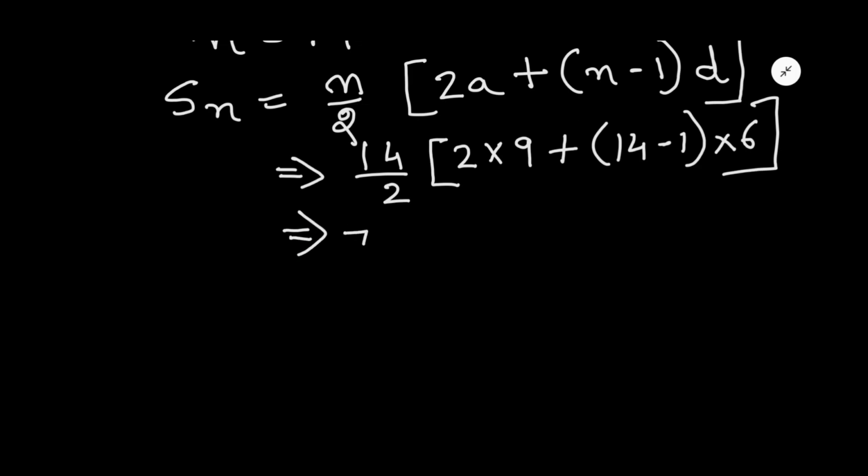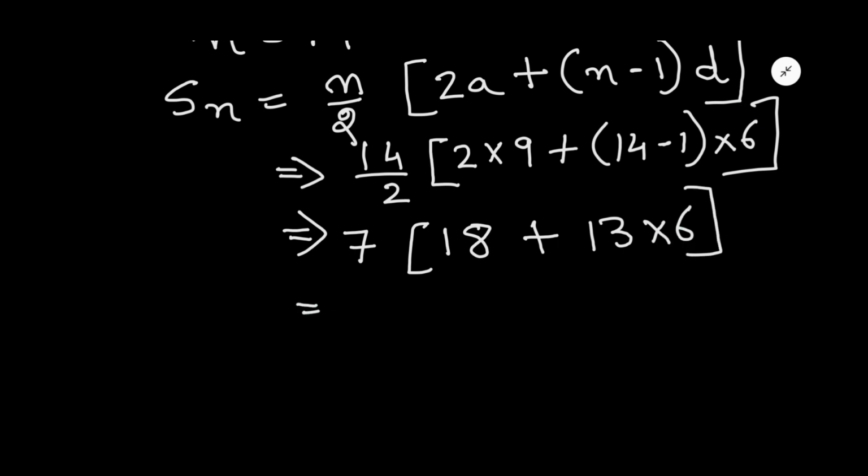So here 2 into 7 is 14, 2 into 9 is 18, plus 13 into 6. 13 into 6 is equal to 78.